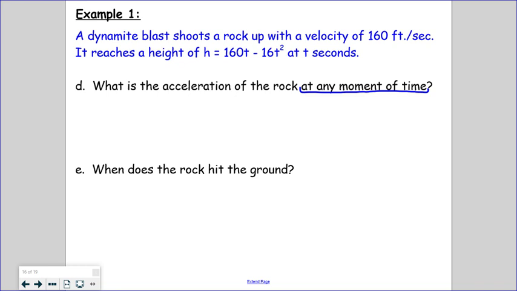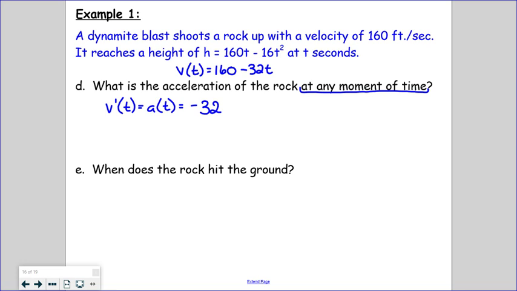Now, with that being said, go back to our velocity function. We learned at the beginning that acceleration is the derivative of our velocity function. So all I'm doing is finding my generic derivative, not at a specific time, but at t. Well, the derivative of our velocity function is going to be negative 32.